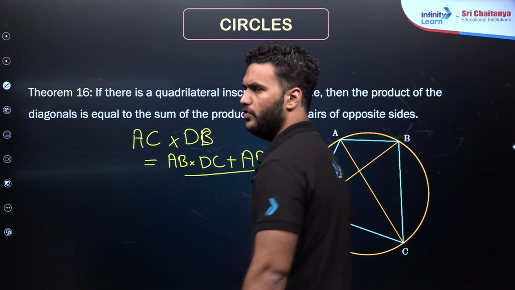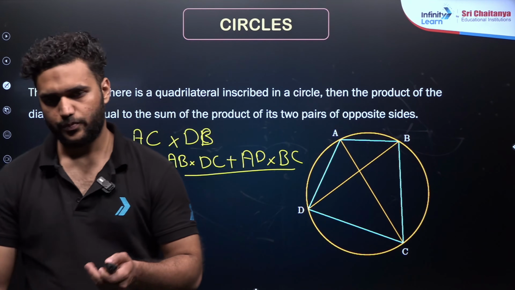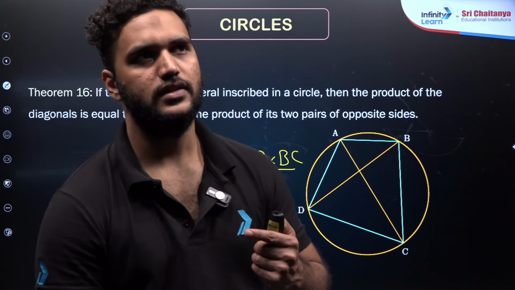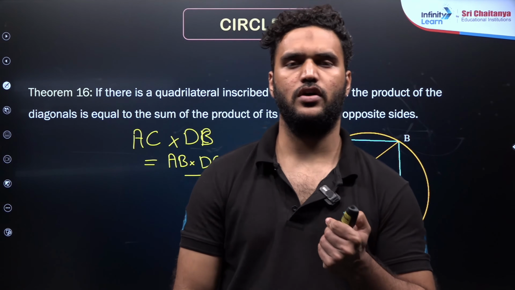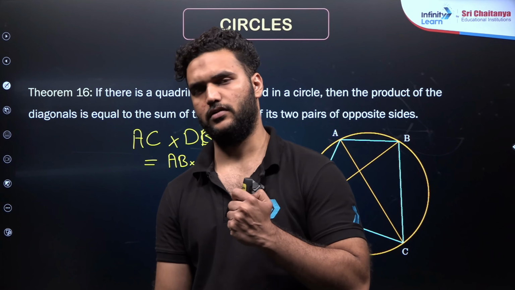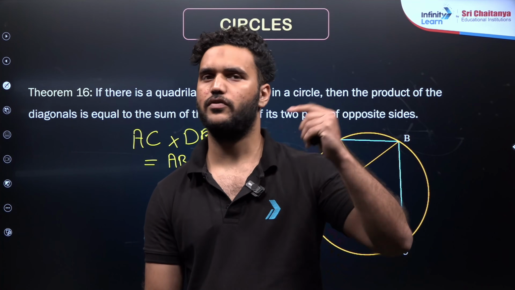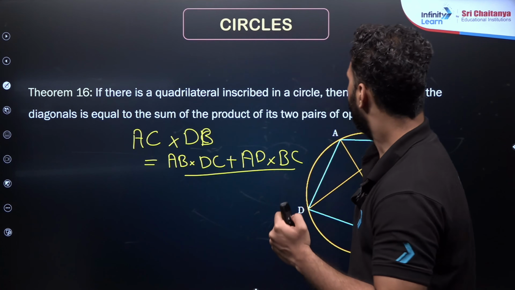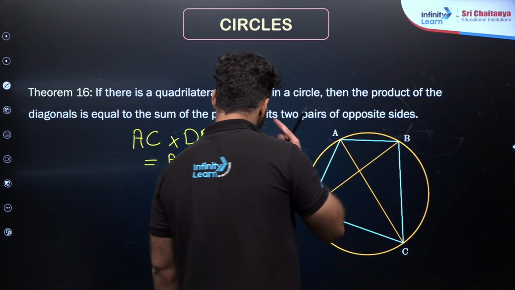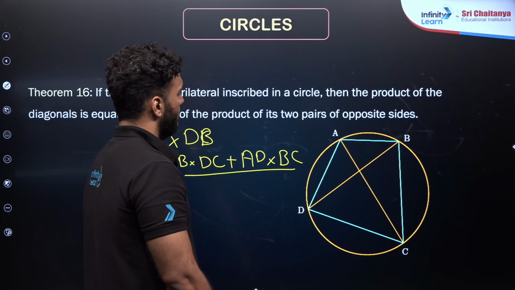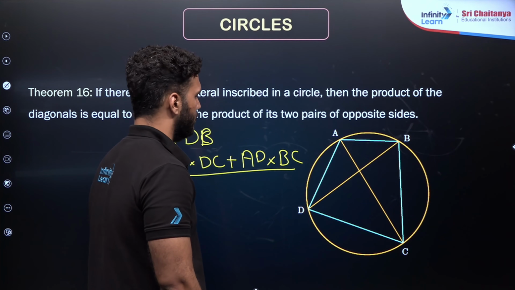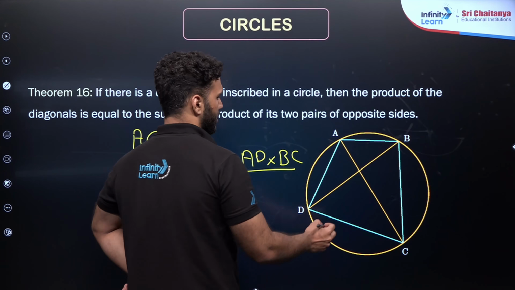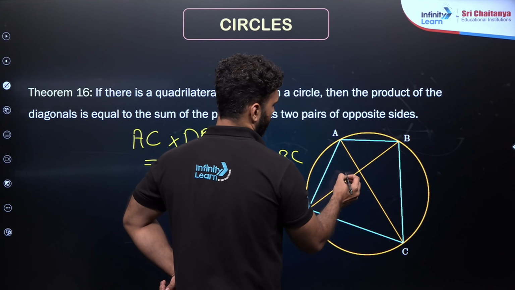But sir, how to prove this property? See, to prove this property now, you need the knowledge of similarity of triangles. Similarity of triangles is a part of 10th class. But I can give you one thing: let's take a point K on this.